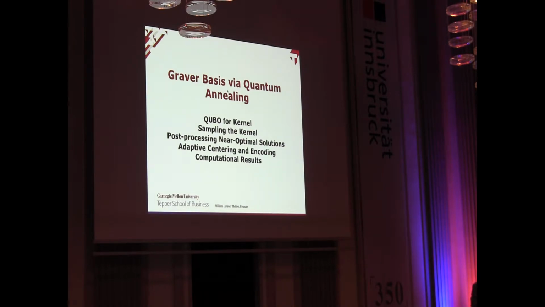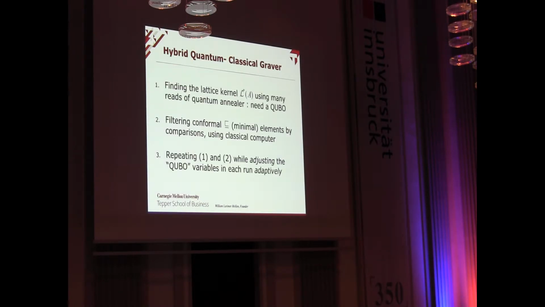We are using this approach, but calculation of the Graver basis is computationally very expensive if the matrix A is a general matrix, like random matrices. So we want to calculate that. How do we do this? We are using a quantum-classical approach. In the first run, we use the quantum computer to find all of the lattice elements in the area of feasibility.